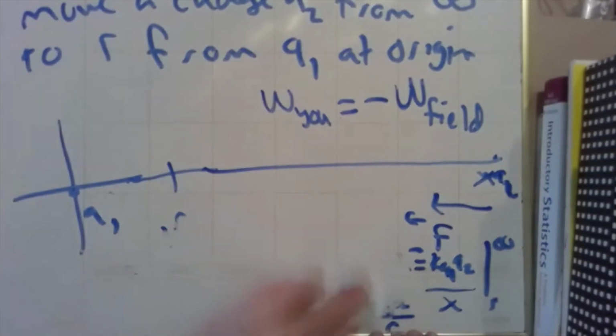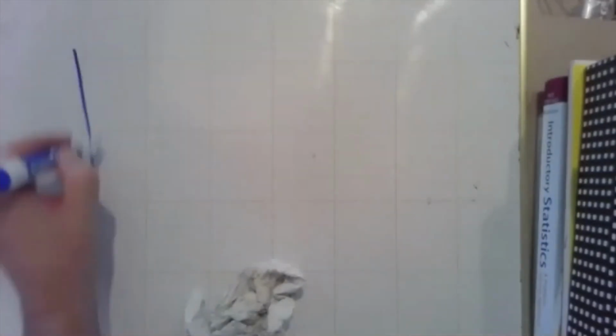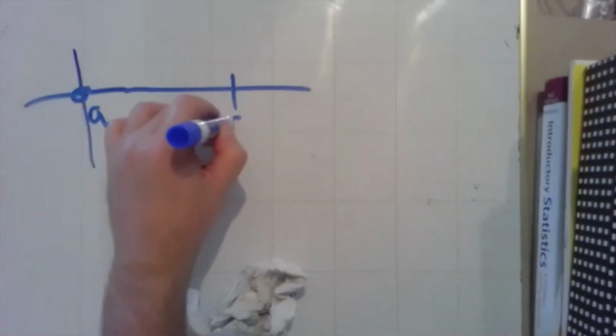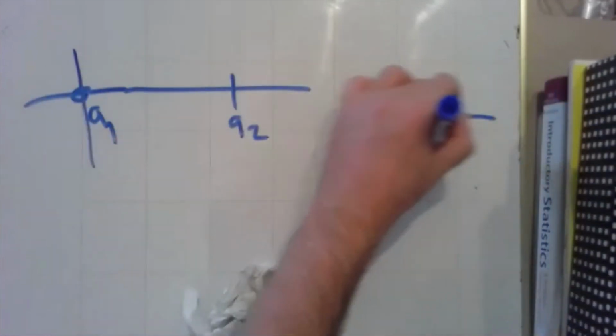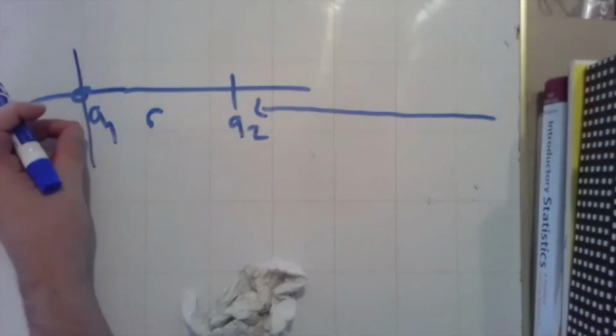So let me rewrite that. I've got this charge here, q2, that I have brought in from infinity all the way this close to this charge that was already glued down. This guy is not moving.